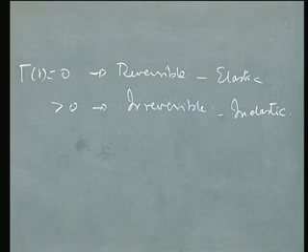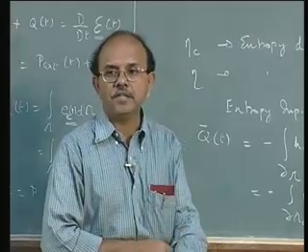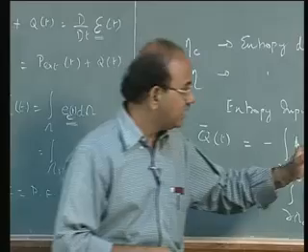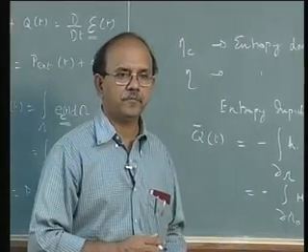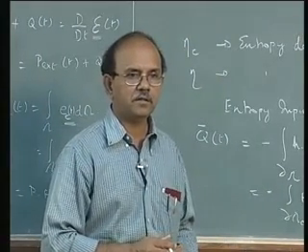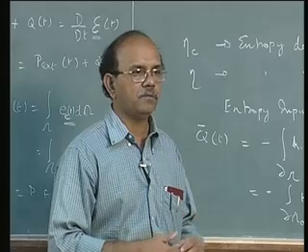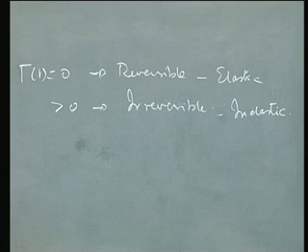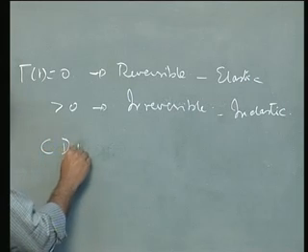Now, with this background, let us develop what is called the Clausius-Duhem inequality. The Clausius-Duhem inequality takes off from this inequality principle of the second law and puts it down in a form which will be very useful to us later when we study material behavior. The Clausius-Duhem inequality is also called CDI.